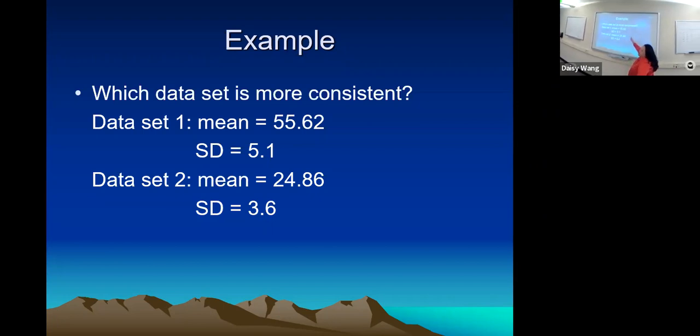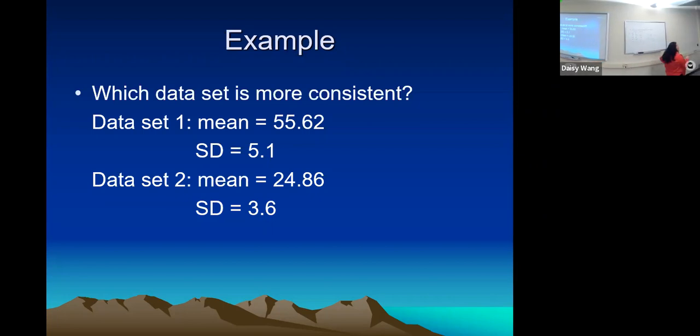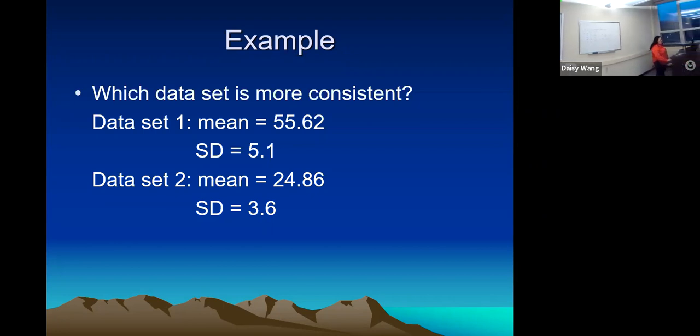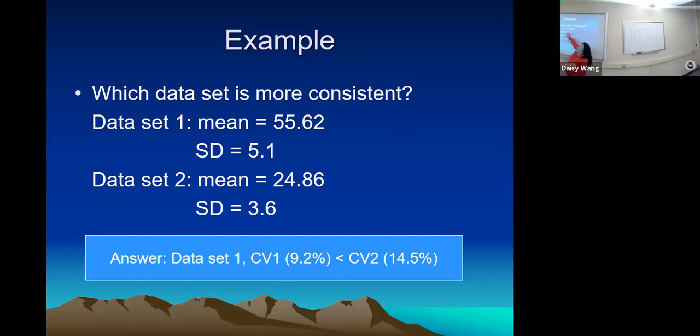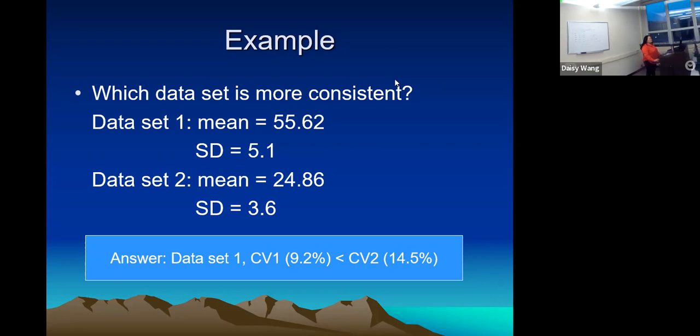For this one, 3.6 divided by 24.82, the coefficient of variance might be like 12. You calculate it? Yeah, 14. So 9.2% versus 14.5%. So the first one is actually much more consistent than the second one. Okay, so we have to look at the average, the mean.